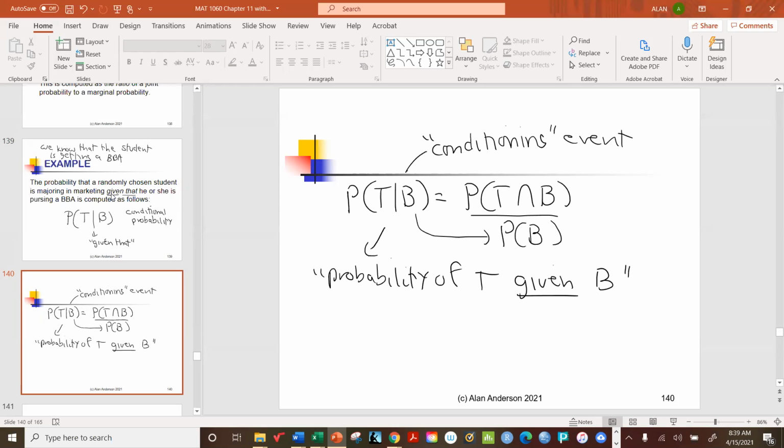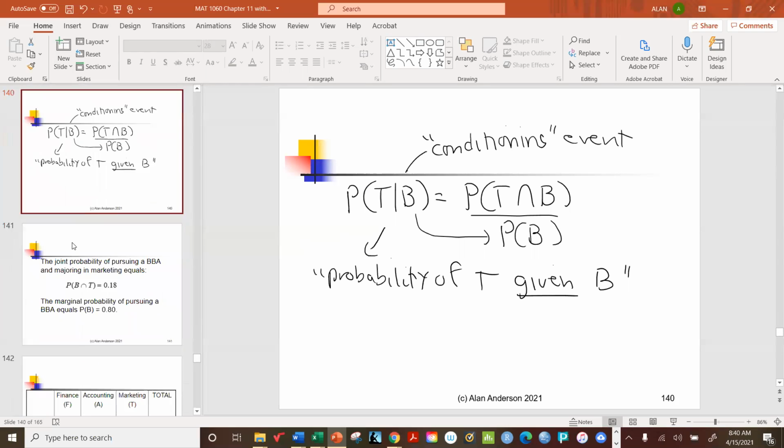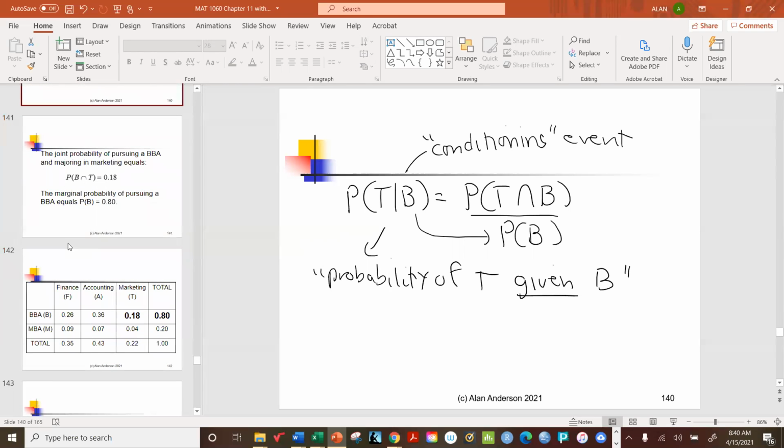So now what we need to do is go back to our chart and look up both of these probabilities and fill them into this formula. Okay, so we can do that right directly from the chart. I'll just give you a minute to catch up.